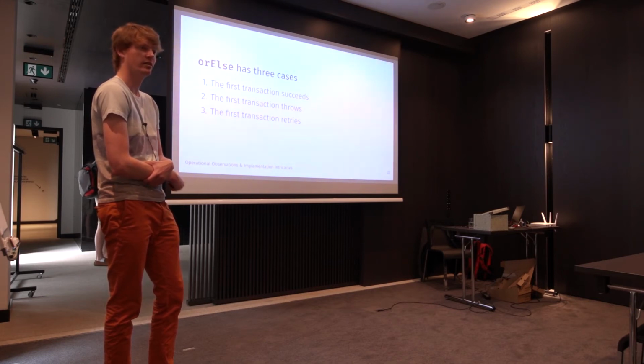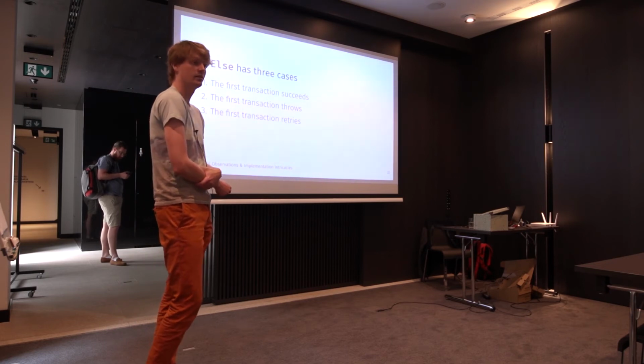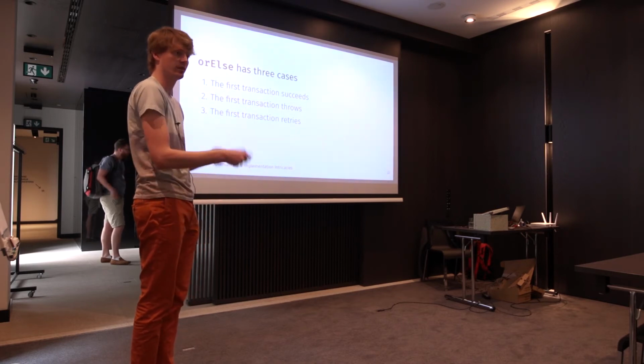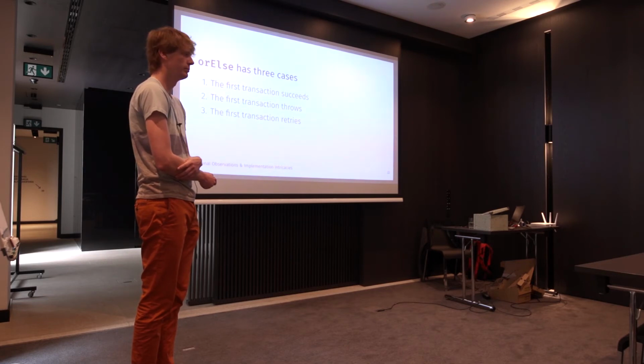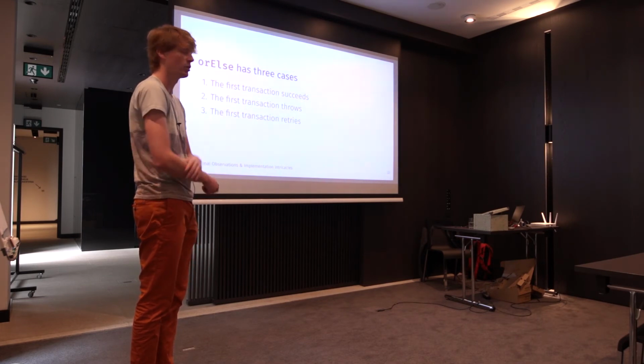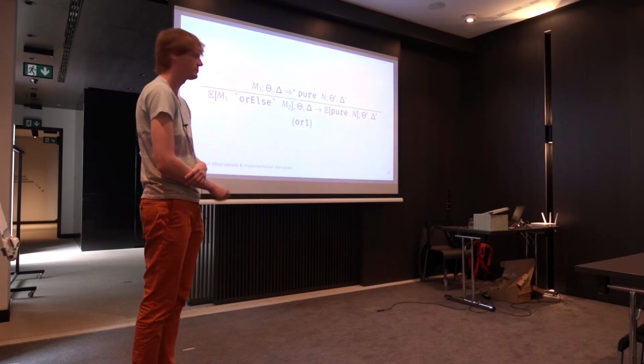Why aren't there any cases for what the second transaction is doing? Well, those have already been handled by the previous rules, because it doesn't matter if something is in an orElse or if it stands on its own.